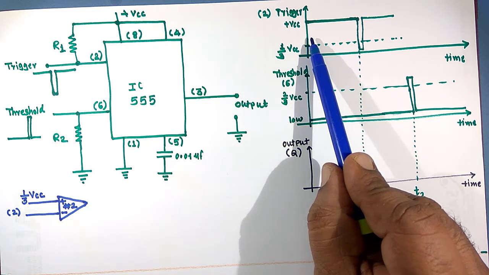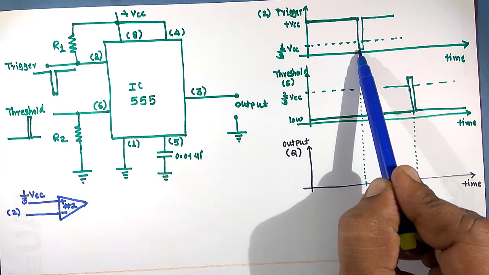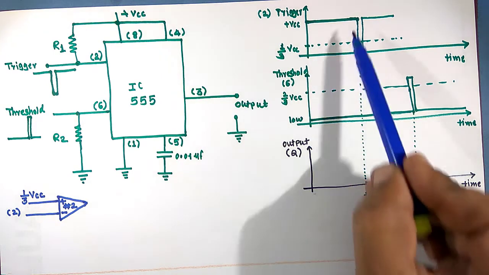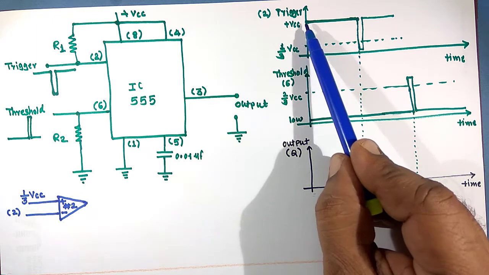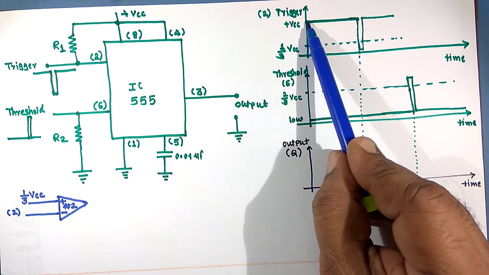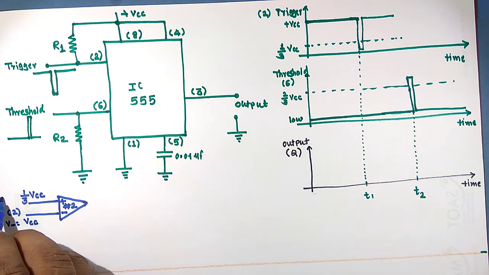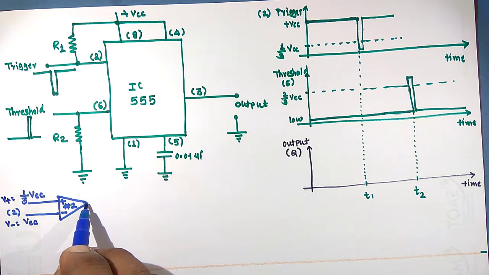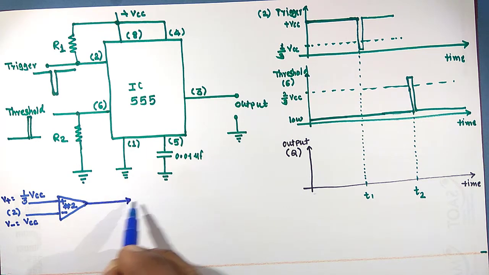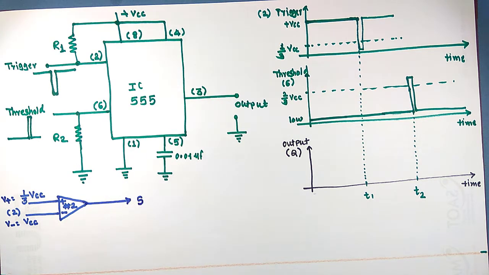So if we consider the situation before time t1, the voltage present at pin number 2 is equal to VCC. It means that V minus is equal to VCC and V plus is equal to 1/3 VCC. The output of the lower comparator is connected to the set input of the flip-flop.